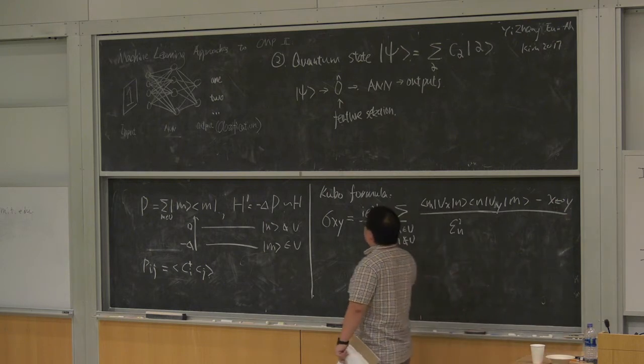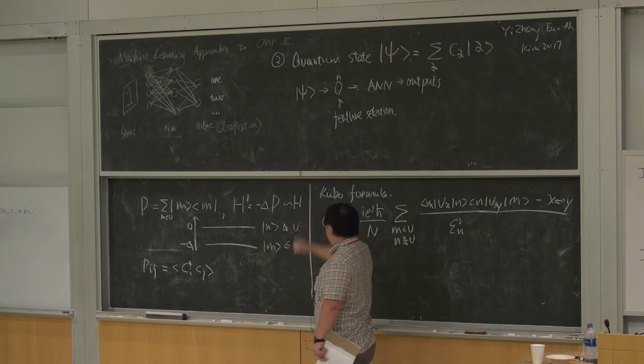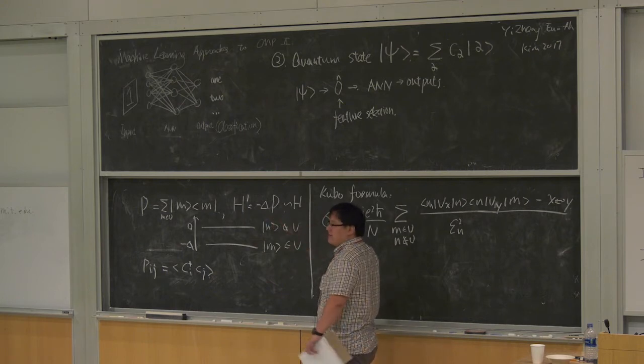So I'm not going to calculate sigma xy for the original h because I lack information about h. But I'm going to calculate sigma xy for this effective h prime, because I believe they're actually in the same phase.